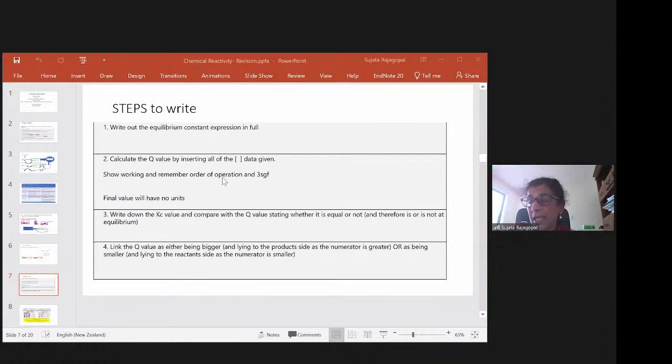So if your Kc value is more than 10 to the power of 20, you will say that the reaction is complete. It's totally done. But if your Kc is less than 10 to the power of negative 21, remember that the reaction has not even started. It doesn't have enough activation energy for the reaction to begin.